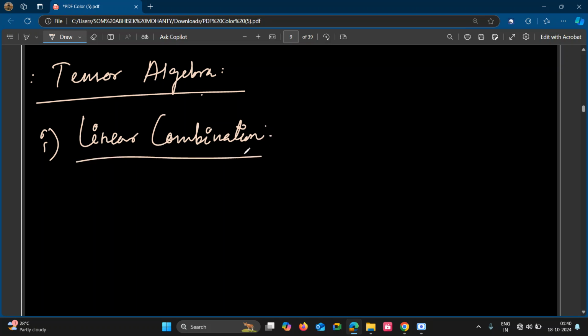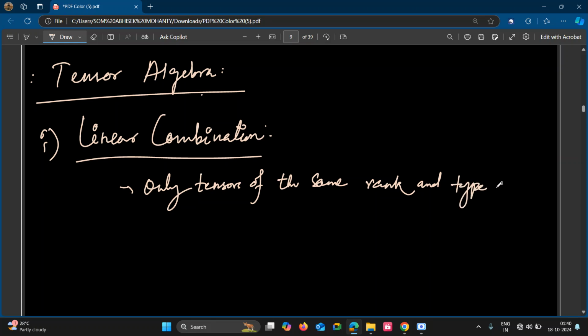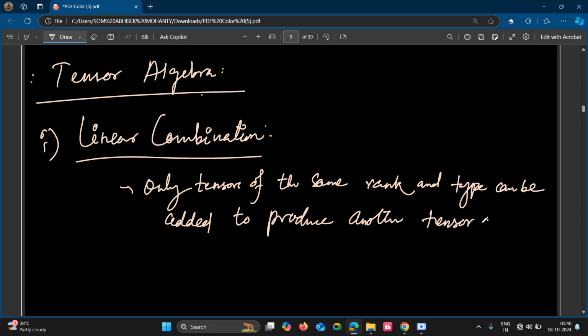Only tensors of the same rank and type can be added to produce another tensor of identical rank and type.